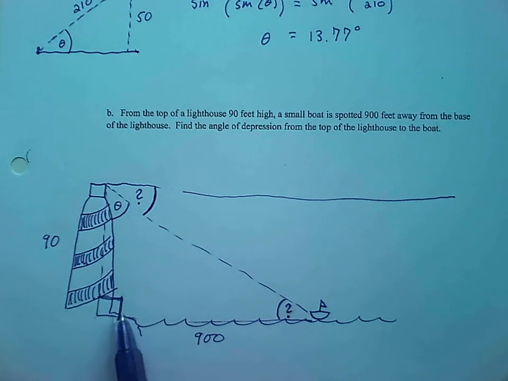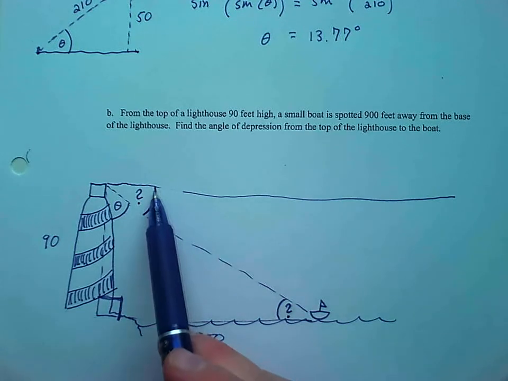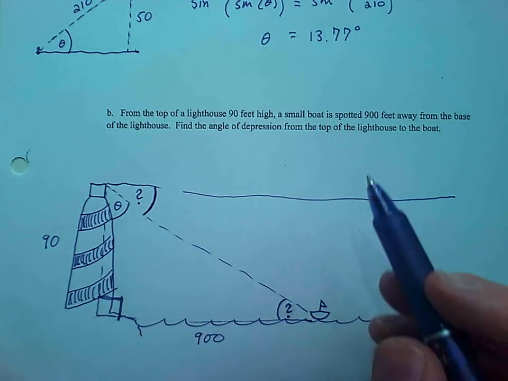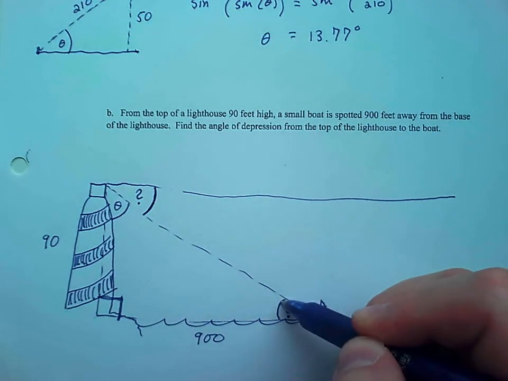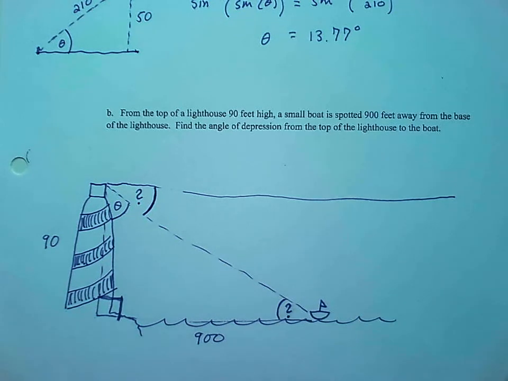So here, if we have our right triangle, and we're 900 feet away from the lighthouse to our boat, and our lighthouse is 90 feet high, what we're trying to figure out is our angle of depression. So we're trying to figure out this question mark right here. But this question mark is going to be the same angle as this question mark right here.